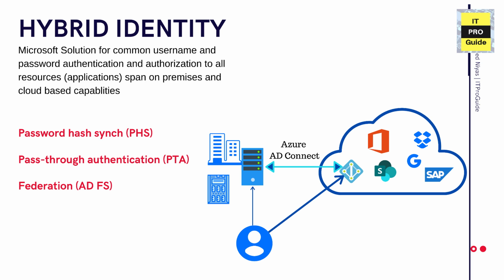Hybrid identity is a solution from Microsoft for a common username and password, which is one of the policies or technologies that comes in an identity and access management system to ensure right people have appropriate access to the technology resources.